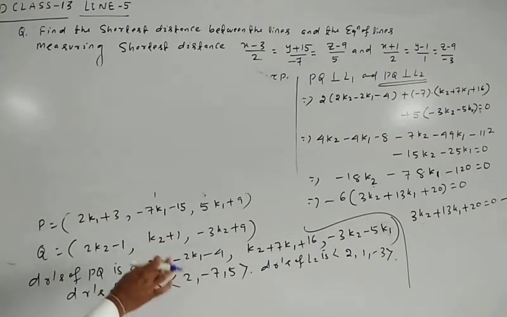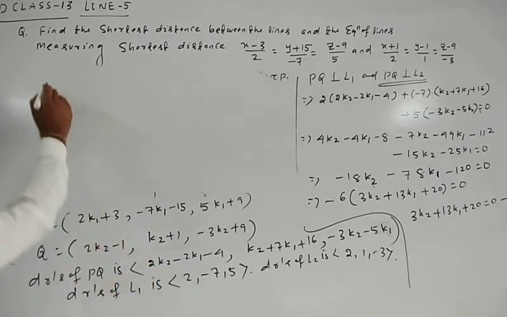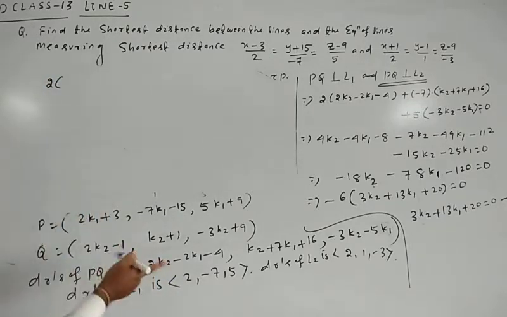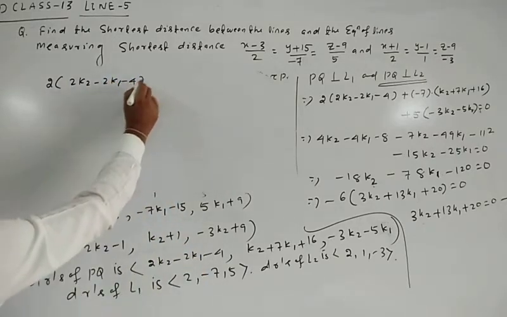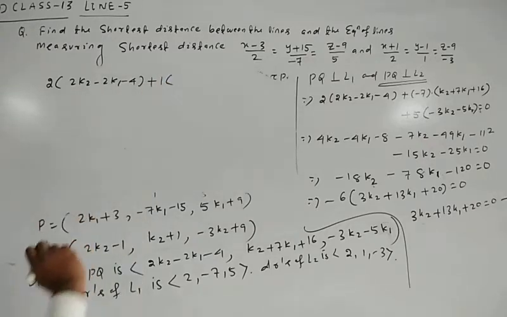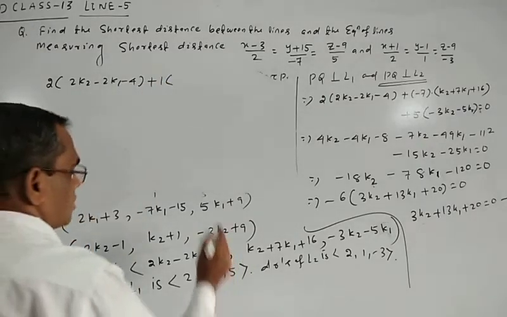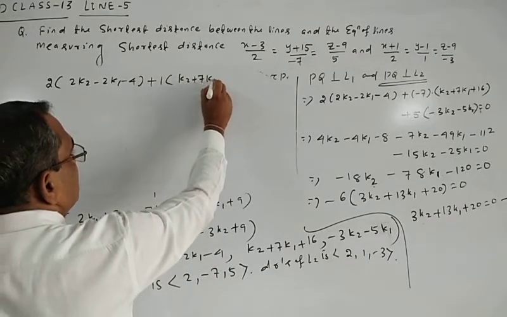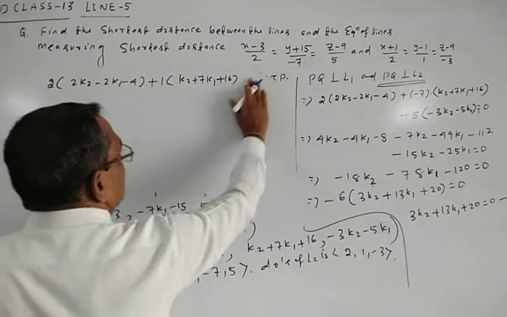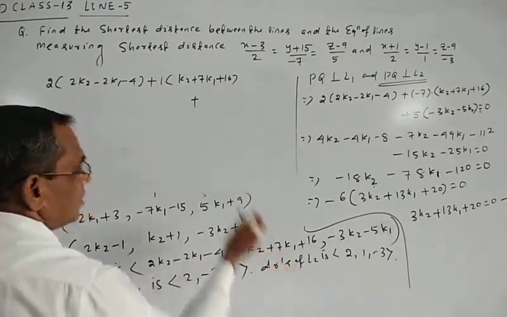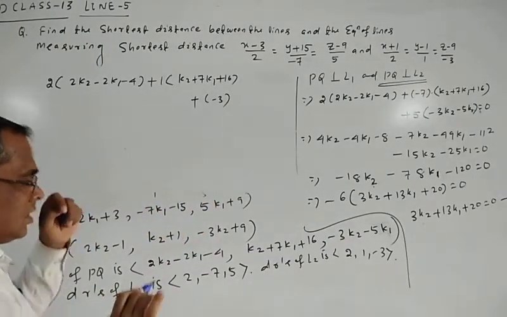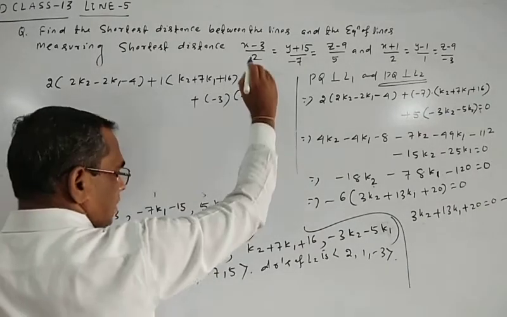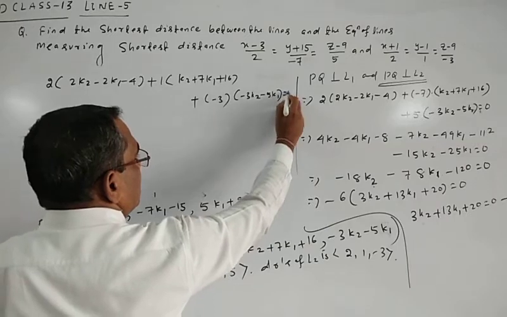So applying perpendicular condition, it will be 2 into 2K2 minus 2K1 minus 4 plus 1 into K2 plus 7K1 plus 16 plus minus 3 into minus 3K2 minus 5K1 is equal to 0.